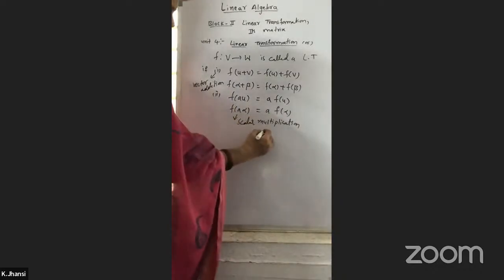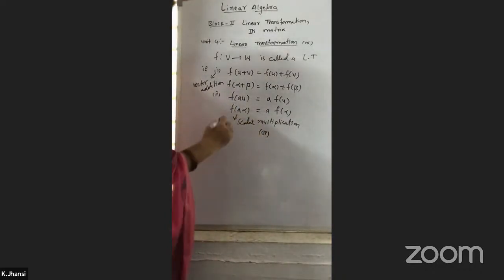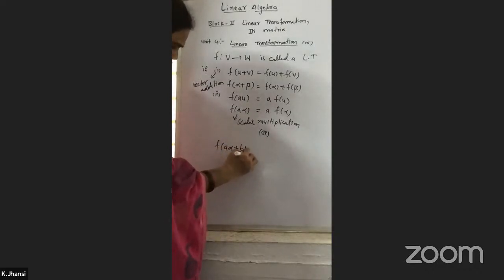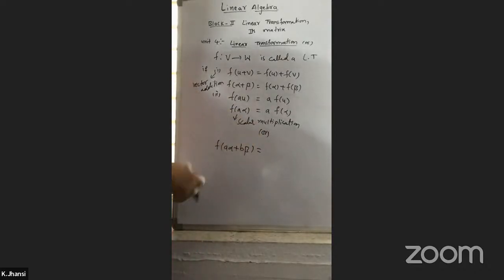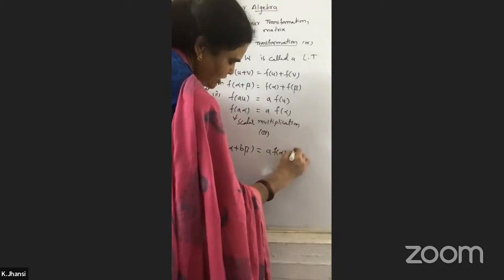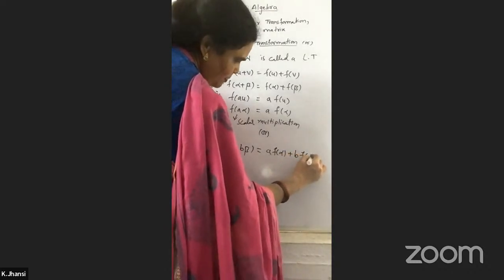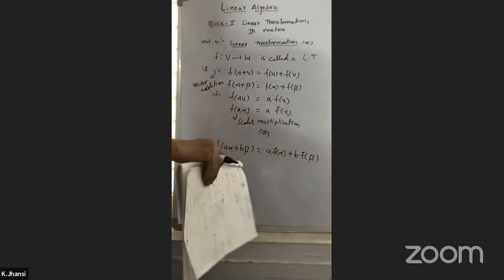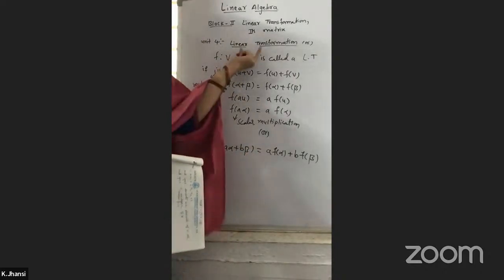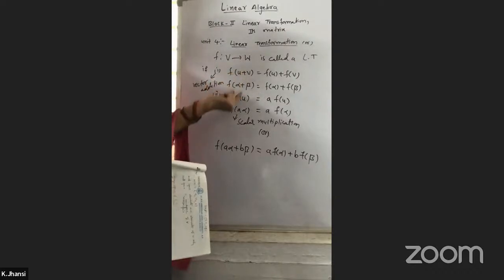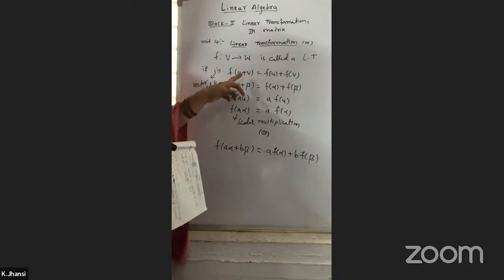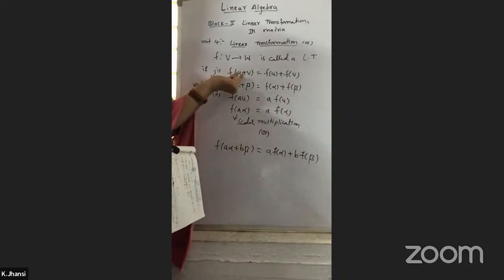So another definition is F of a into alpha plus b into beta is equals to a into F of alpha plus b into F of beta. Okay, so in some problems we'll use this formula of the linear transformation, or in some we can use first and second.